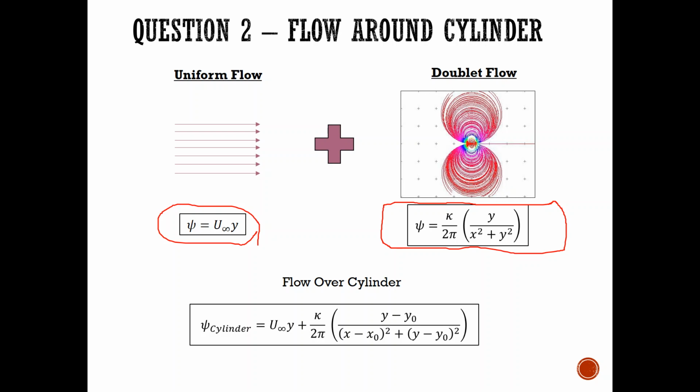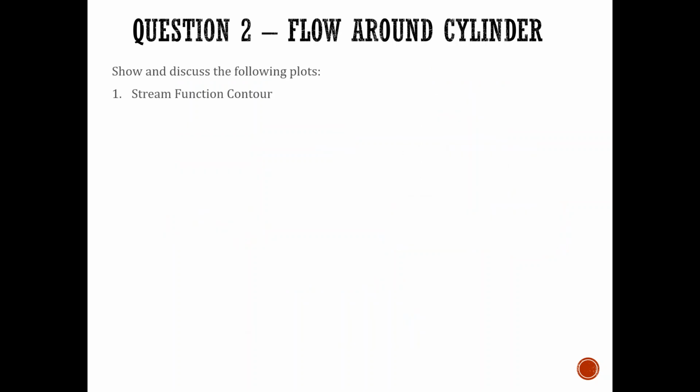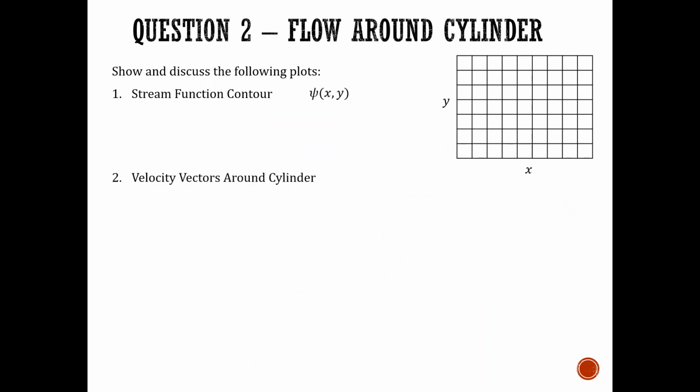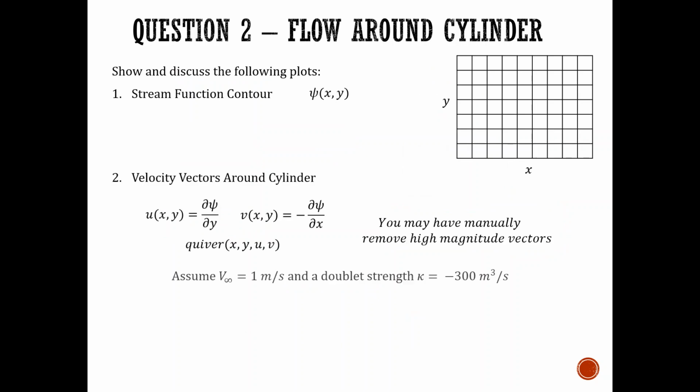And again, make sure to keep the x naught and y naught in there so that you can control the location of the doublet, right? So this is the stream function you're coding, and you basically go through the same steps to find the stream function contour and the velocity vectors. You still have to remove some of the high magnitude velocity vectors.